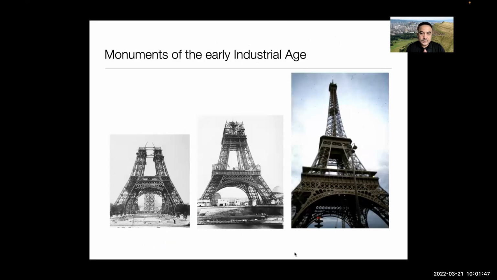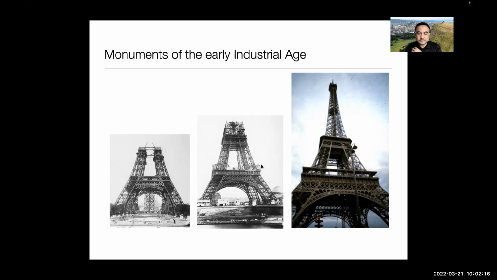Industrial revolution, industrial age. The main material, of course, metal, right? Or they call it iron, cast iron or wrought iron, right? This is a structure to provide a form like a pyramidal tower, right?